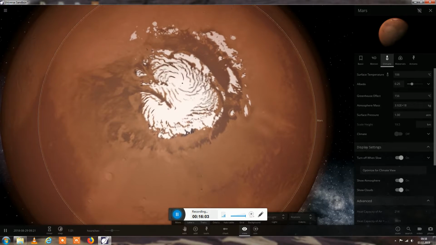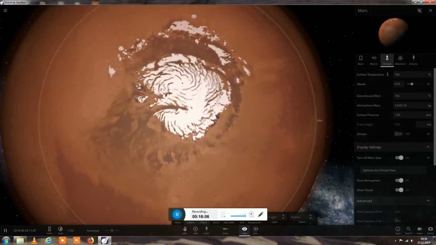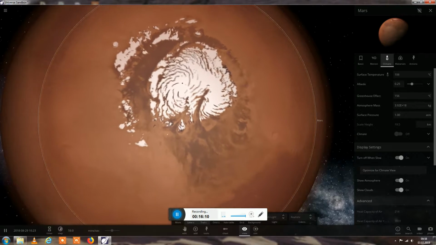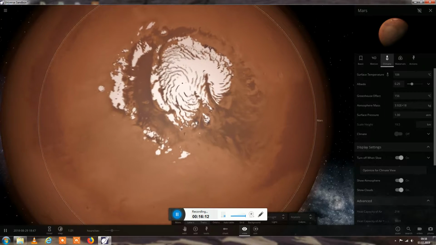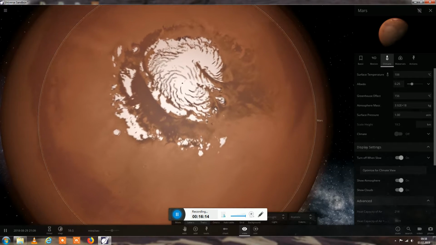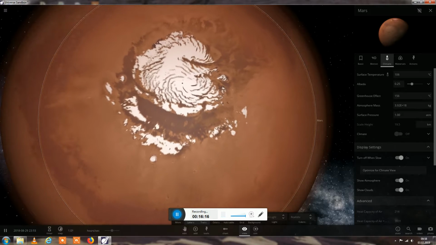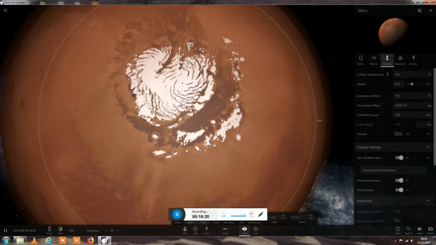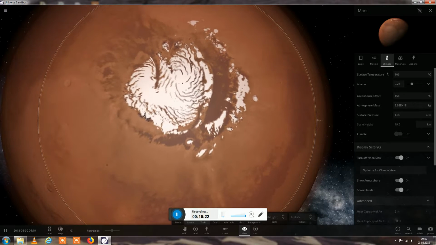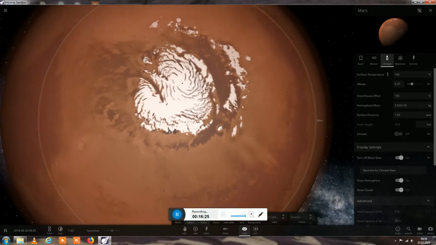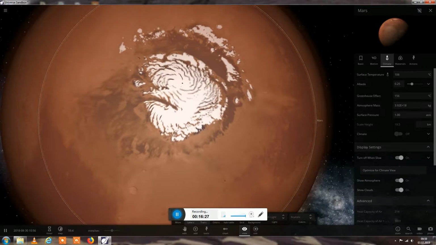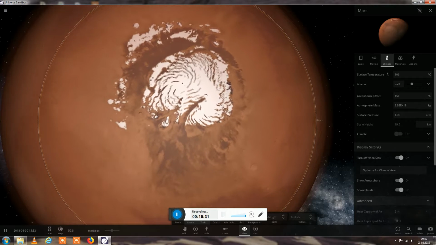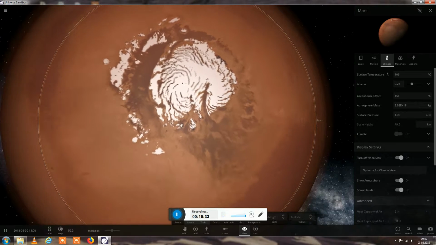There is evidence that there was water on Mars long ago, about 4 billion years ago, but because the planet couldn't hold on to its atmosphere, Mars over time lost most of its water to space. So the ice that we see here at the North and South Poles is just a small fraction of what's still left.